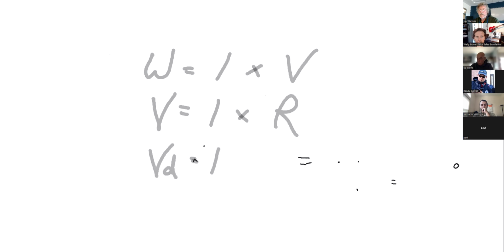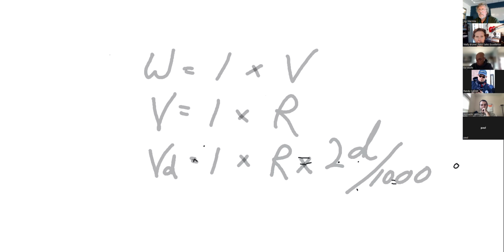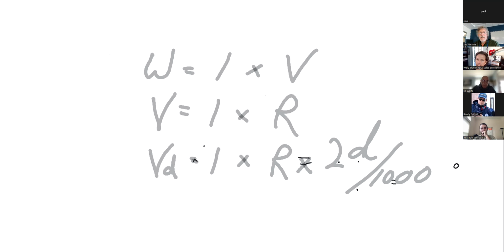Voltage drop equals amps times resistance times twice the distance divided by 1,000. This is the adjustment for distance because the resistance is given in ohms per 1,000 feet. So really voltage drop is just Ohm's law, adjusted for the distance of the cable run.